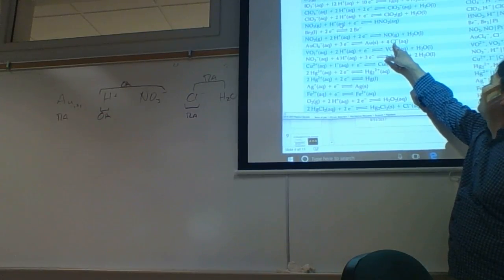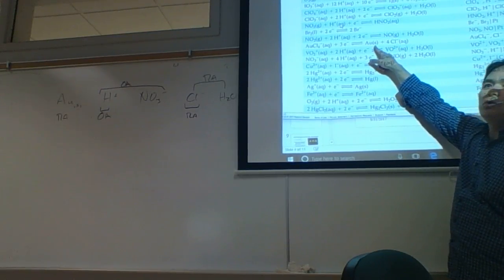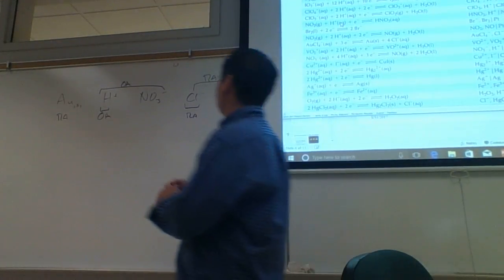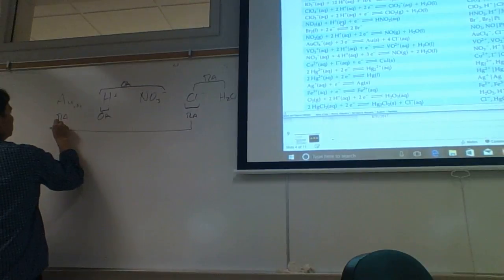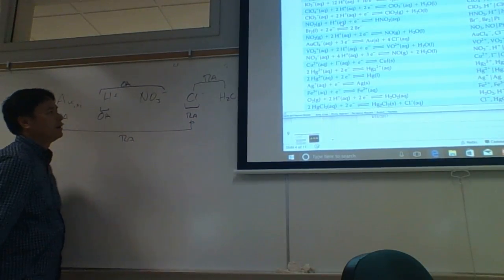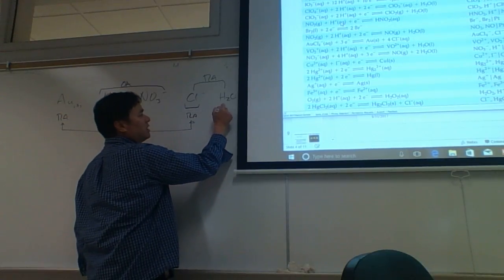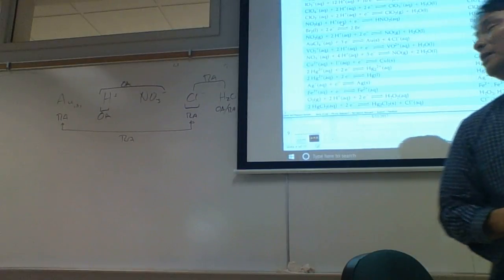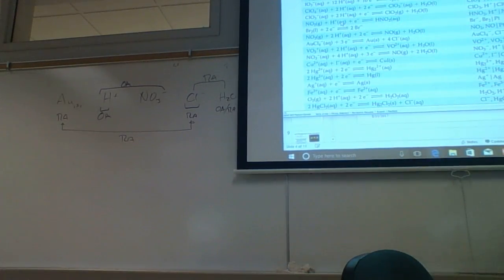We have 4 chlorides here, but we also need gold. Do we have gold present? Yeah, we have chloride and gold present. And so this combination is a reducing agent as well. And then we know water. Water is an oxidizing agent and reducing agent. I already looked through the chart, and there are no more entries. It's 4 or 5 pages long, so I'm not going to go through the whole thing.